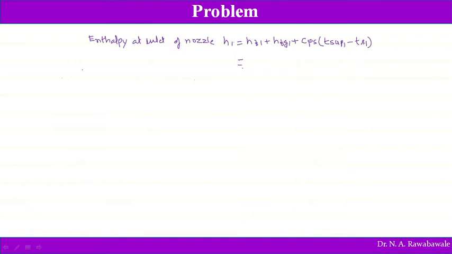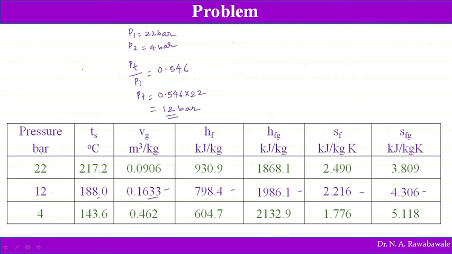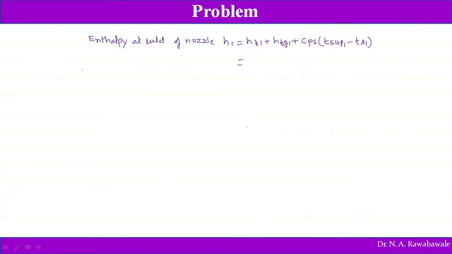HF1 is given here. This is pressure P1, this is pressure PT, and this is pressure P2. So HF1, enthalpy at point 1, is 930.9 at pressure of 22 bar.